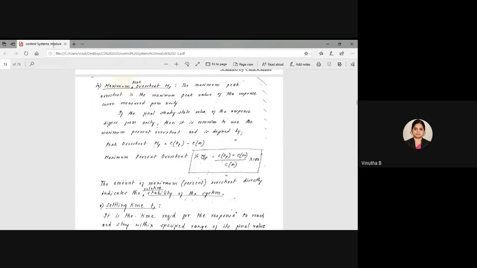So percent Mp, or percent maximum overshoot, is equal to c of Tp minus c of infinity divided by c of infinity into 100. The amount of maximum percent overshoot directly indicates the relative stability of the system. So this maximum overshoot indicates the stability of the system.